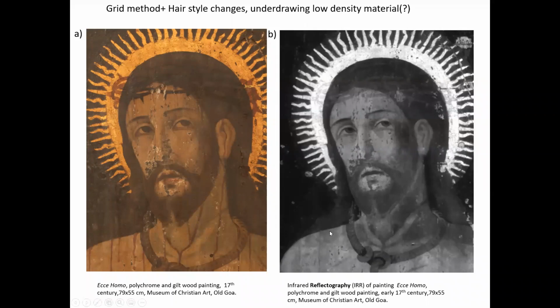As you can probably see, we have another hairstyle that was painted firstly over the shoulders, and in the final composition we don't have anything over the shoulders. So the artist had some regrets concerning the final painting of the face of Christ.